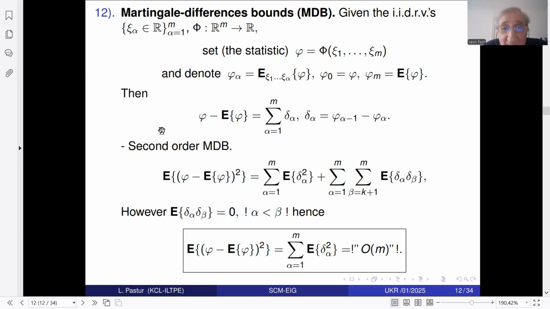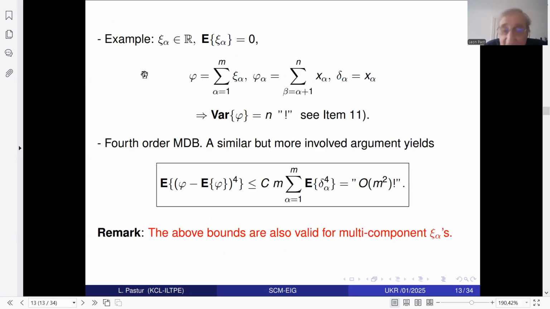And even more of a miracle, this is a good example: you take your statistic, your phi, just a sum, and you see that in that case we return to the standard situation by which we prove the law of large numbers, yes?